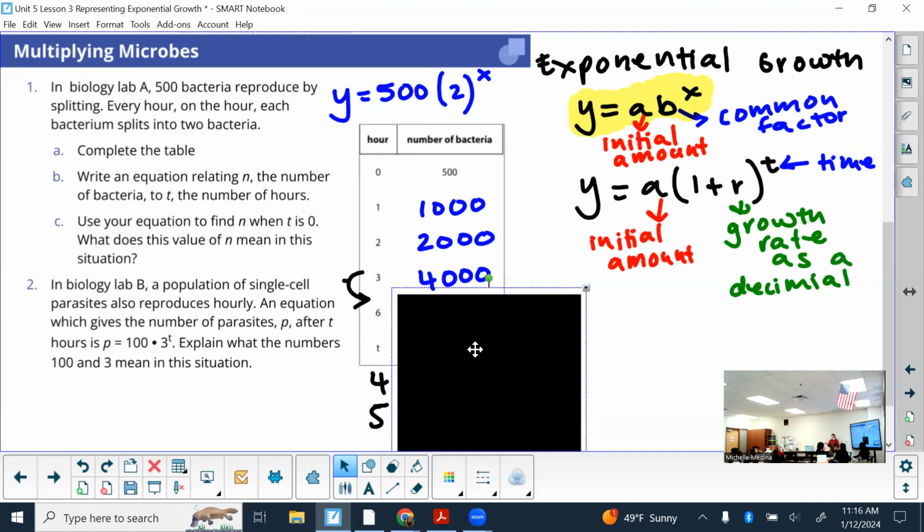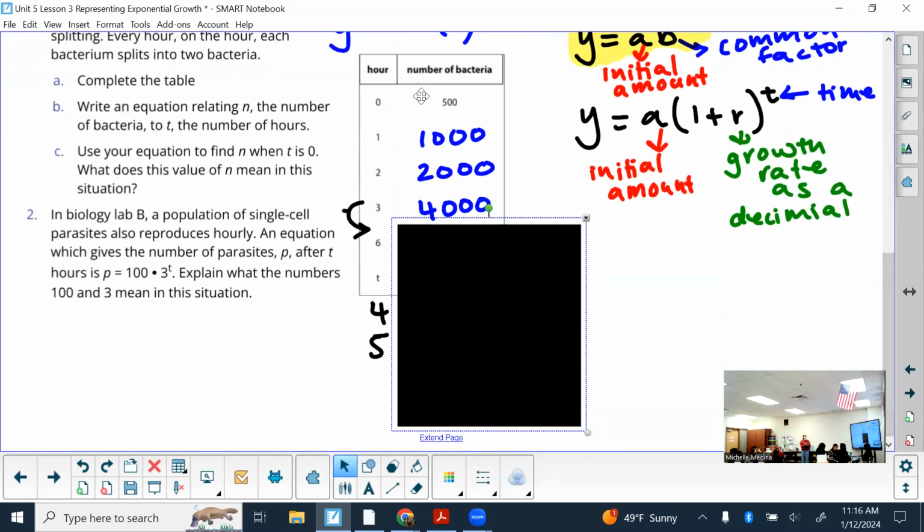4,000. And this is where I made a mistake in period 1. How many will there be in 6 hours? You might think 8,000 because each time we're going down, it's doubling. But look at how the table skips some numbers.